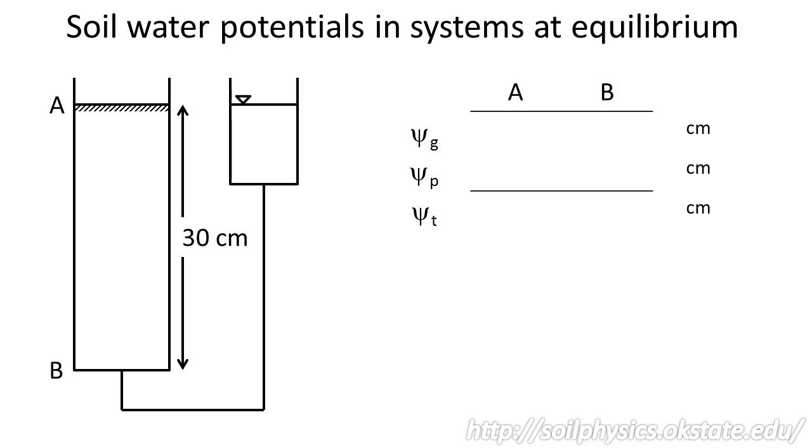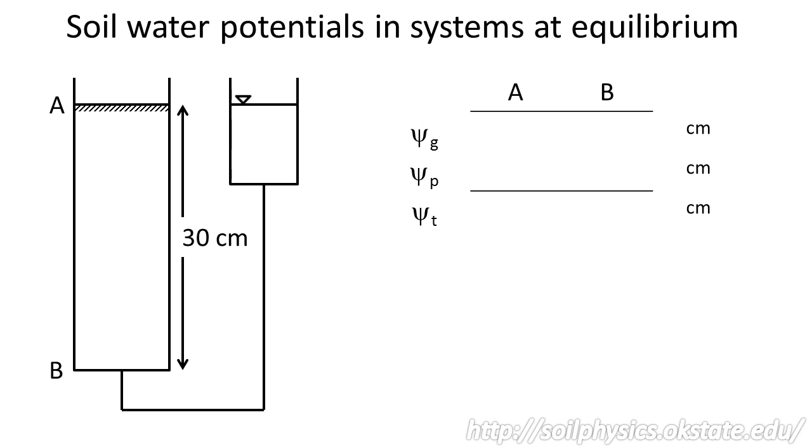Whenever we are ready to analyze soil water potentials, it's really helpful to draw a table like the one shown here. So you label columns for each of the points you want to consider. So here we have columns A and B, and we have rows corresponding to psi subscript G, that's the gravitational potential, psi P is the pressure potential, psi T is the total potential.